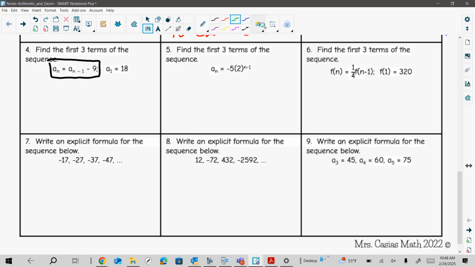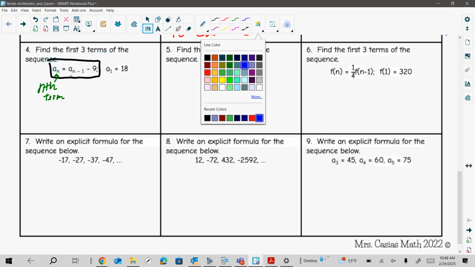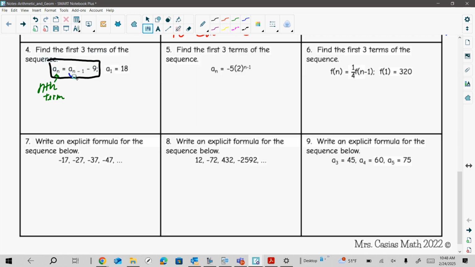Now, in the formula, there are some parts here. A sub n represents the nth term. Here, where it says a sub n minus 1, this part represents the previous term.